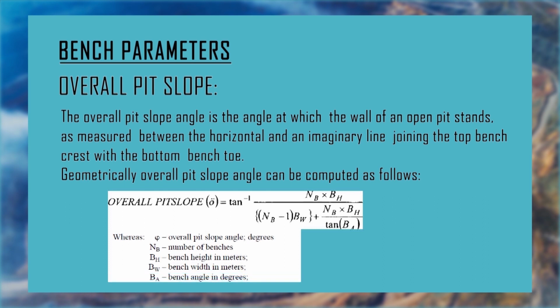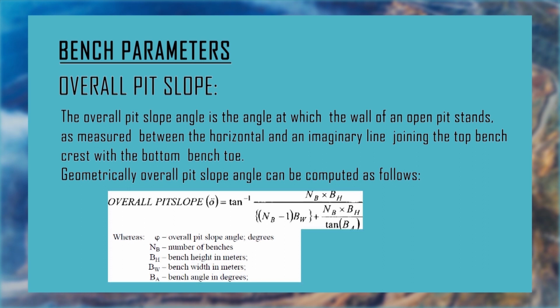N_b × B_h divided by (N_b − 1) × B_h + N_b × B_h tan β. Here α is the overall slope angle, N_b is the number of benches, B_h is the bench height, B_w is the bench width, and β is the bench angle in degrees.